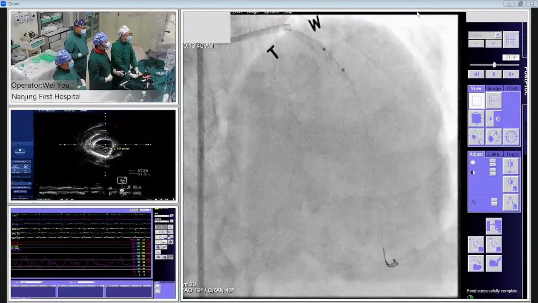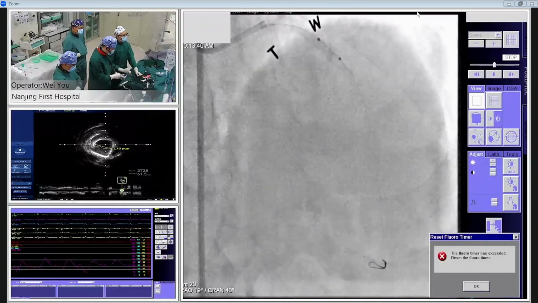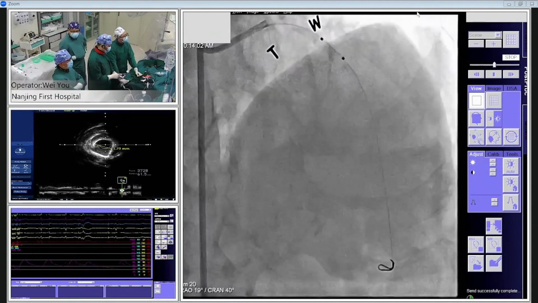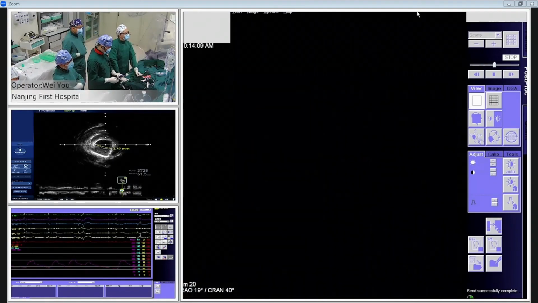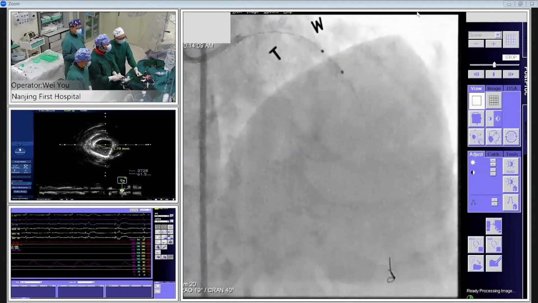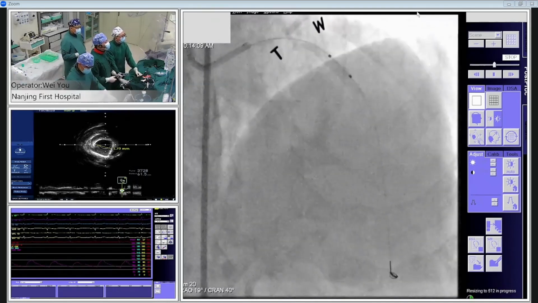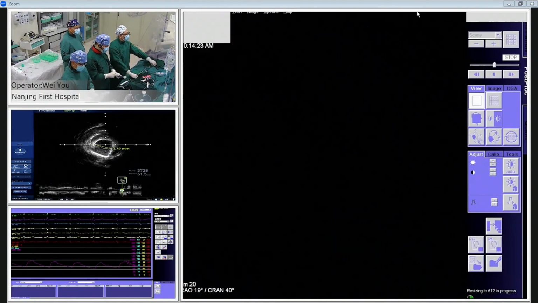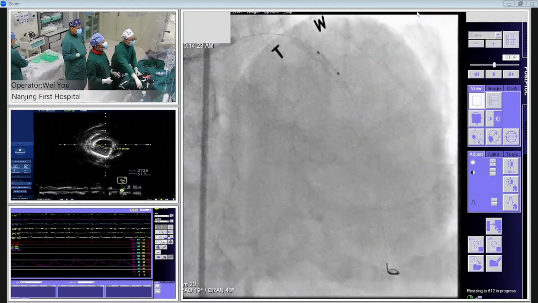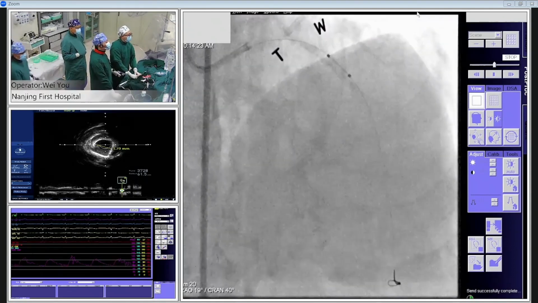When I pull back the balloon, I feel some resistance. Okay, please go to 4. Going up to 6. Okay, done. Because we don't use pure contrast to prepare the balloon, the balloon visibility is not good.